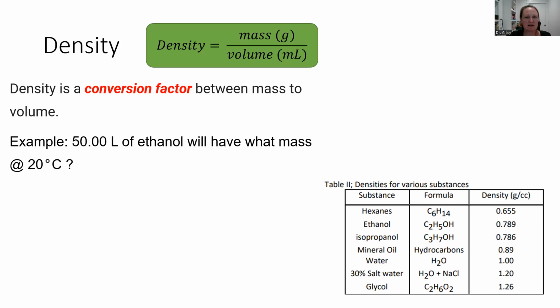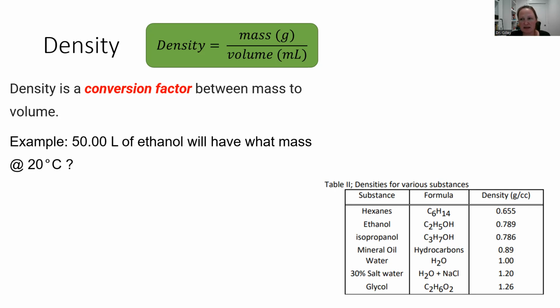So we can start with volume, use our conversion factor of grams over that volume, to get to the mass. The problem is that this density is given in grams over cubic centimeters, and our volume is given to us in liters. So we do need to convert the liters through dimensional analysis to cubic centimeters, remembering that that is really the same thing as milliliters.